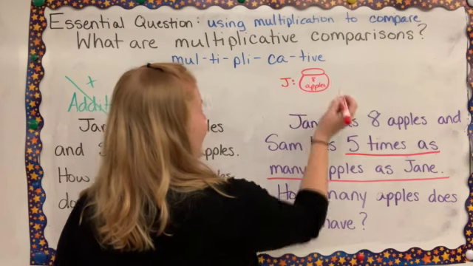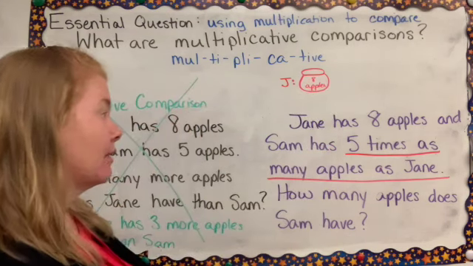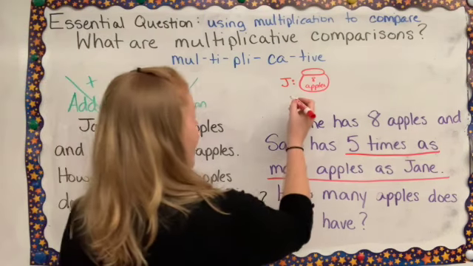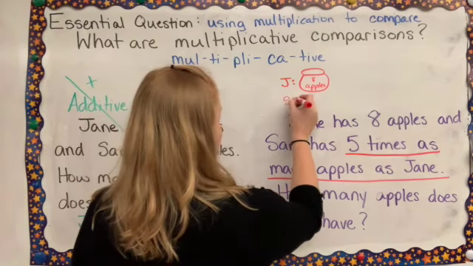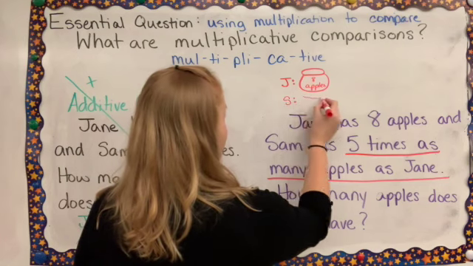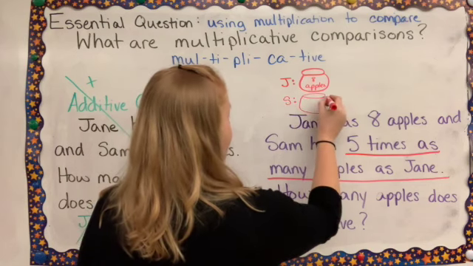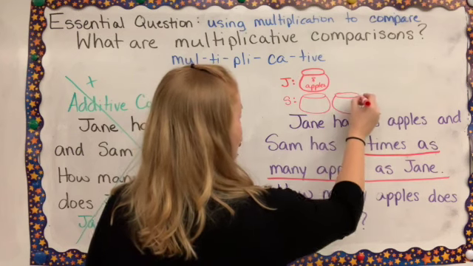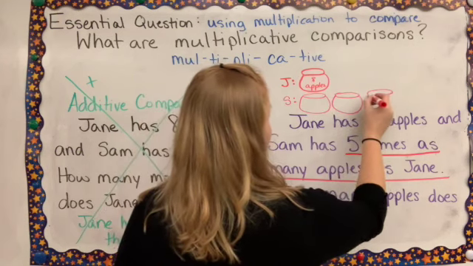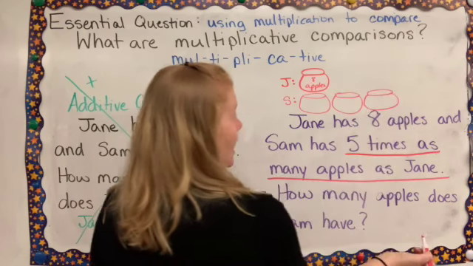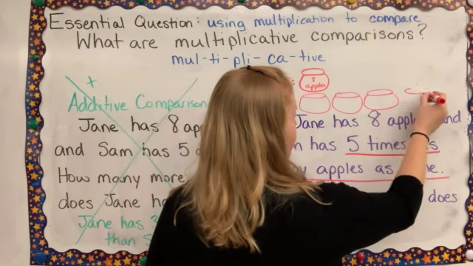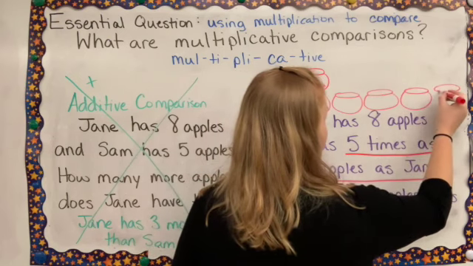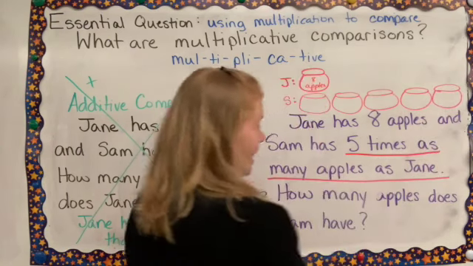Jane has 8 apples and Sam has 5 times as many. Sam has 1 times, 2 times, 3 times, 4 times, 5 times.